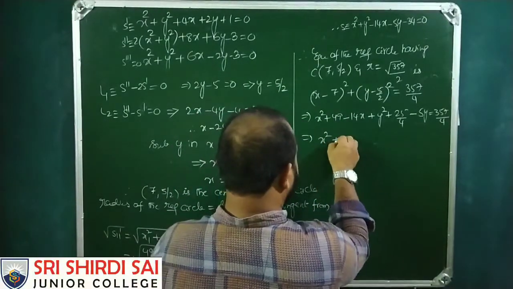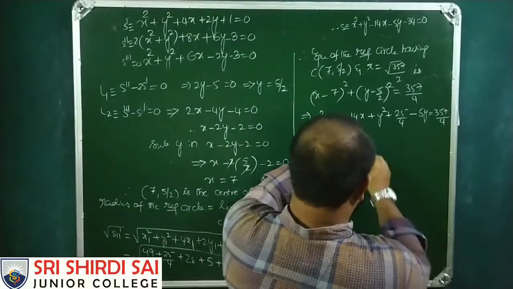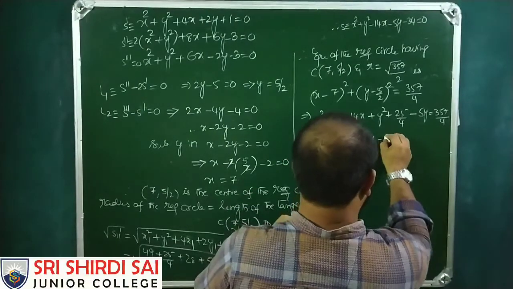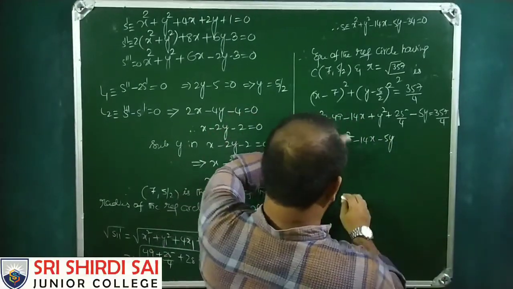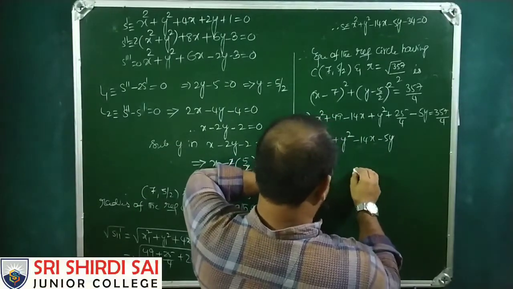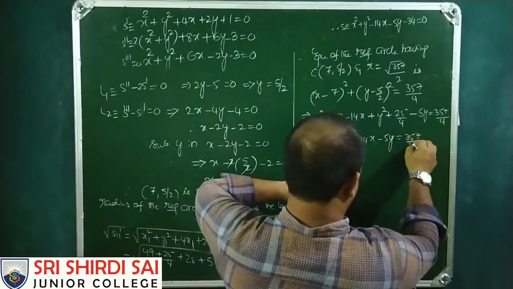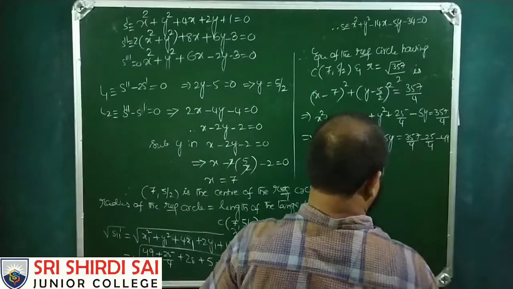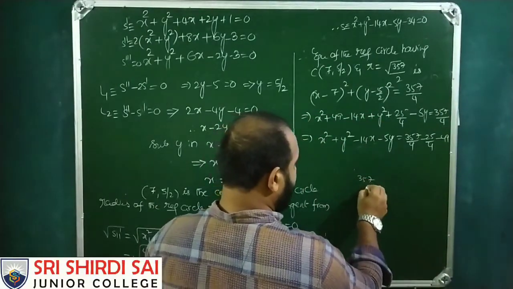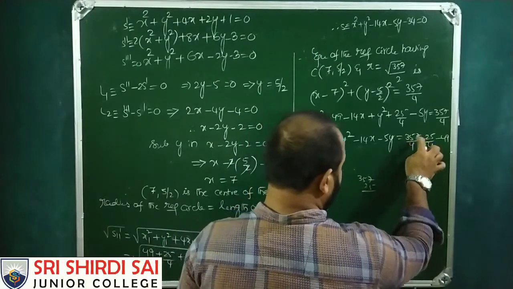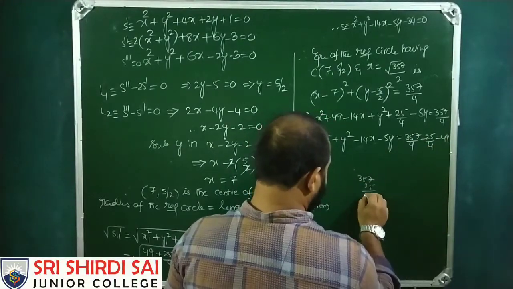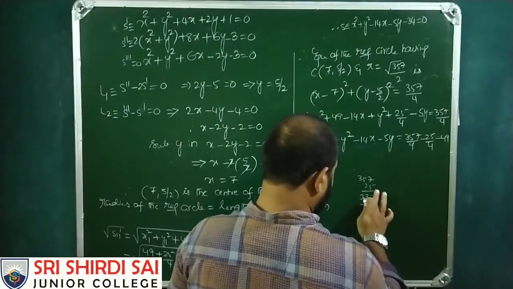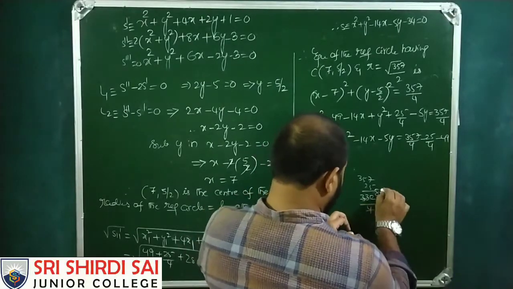So this is equals to x square plus y square minus 14x minus 5y. Next 49, this is equals to 357 by 4 minus 25 by 4. This plus 49 is minus 49 if you transpose. So 357 minus 25, 7 minus 5 is 2, 5 minus 2 is 3, so 332 by 4. 4 8s are 32, 4 3s are 12.